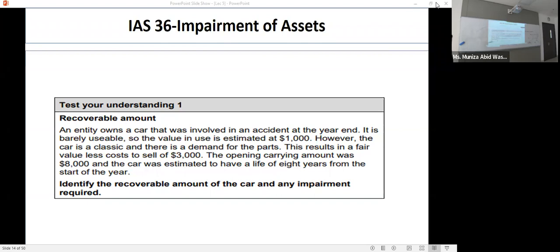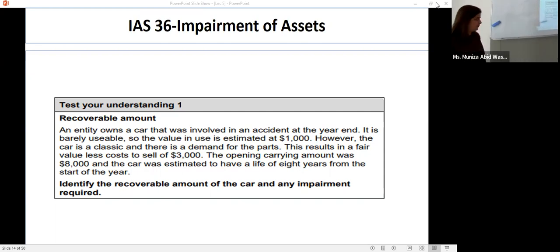Yes, students, have you finished? Great. An entity owns a car that was involved in an accident at the year end. It is barely usable, so the value in use is estimated at 1,000. However, the car is a classic and there is a demand for the parts.